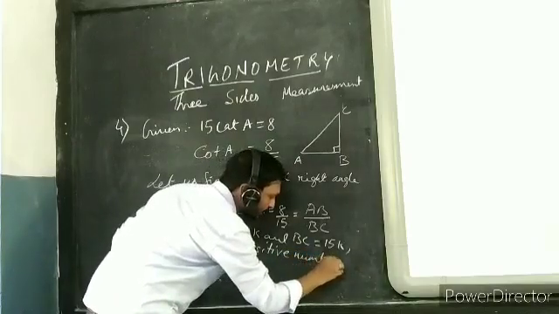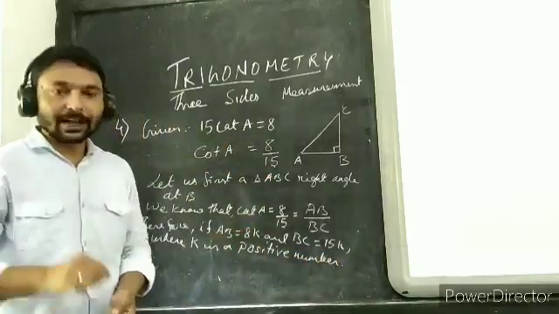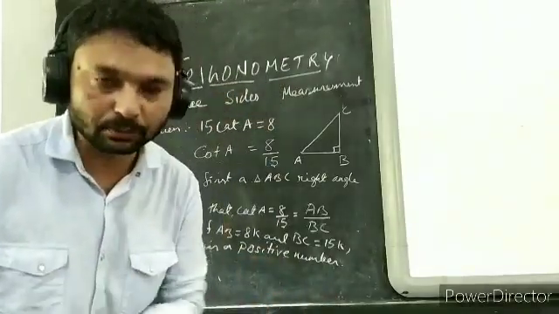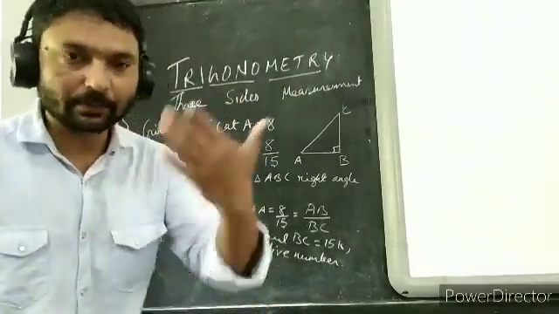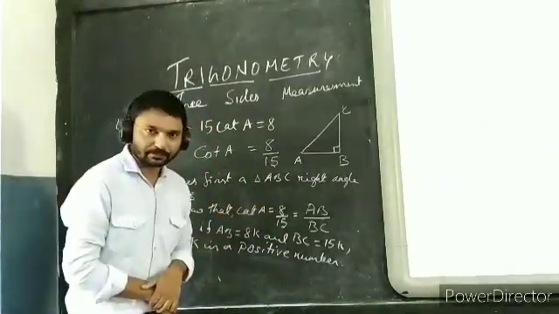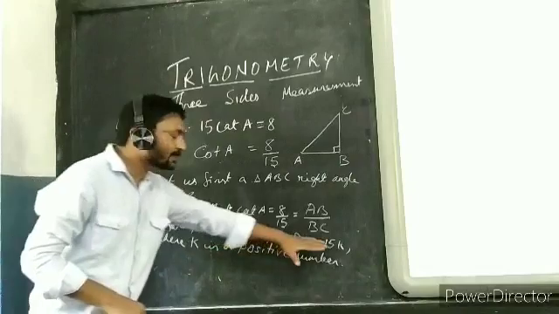You have seen what I did before: I multiplied the numerator and denominator of 8 by 15 by 2, then it becomes 16 by 30, but when I cancel it, it becomes 8 by 15. Therefore, K is a positive number.